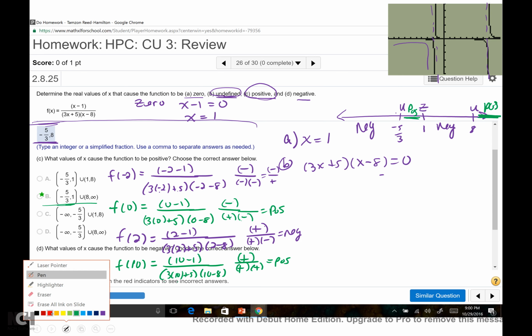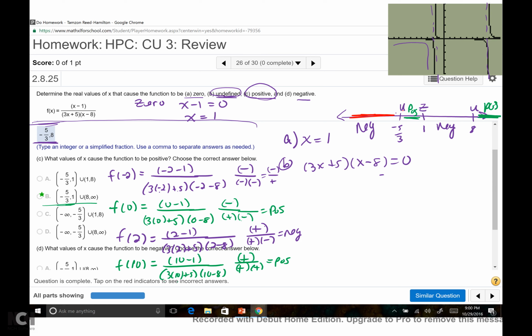It's negative here and here, which you can't see because I didn't copy it very well. So for D, it is negative from negative infinity to -5/3, union 1 to 8. Okay?